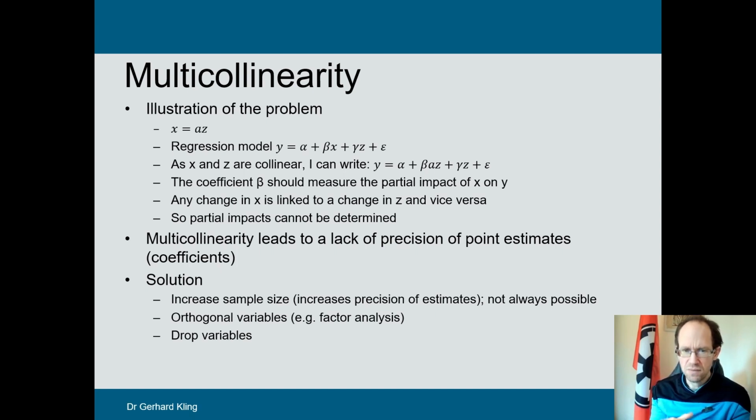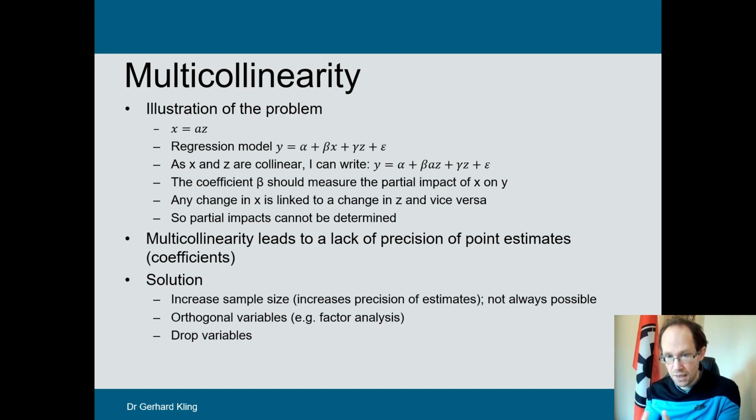The most obvious thing to do very often is simply to drop variables that are strongly related and to think very carefully about your measurement. As an example, if you want to see the impact of household size on disposable income, and you also put in the number of children in your household as an additional explanatory variable, obviously household size and number of children, they are not independent, they are correlated.